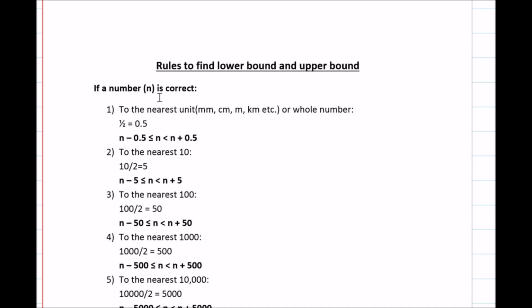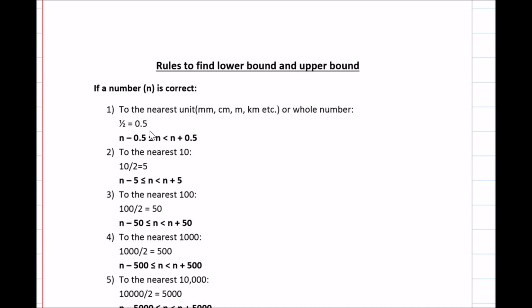If a number n is correct to the nearest unit, which can be a millimeter, centimeter, meter, kilometer, whatever unit, or a whole number, in that case we'll take 1 divided by 2. So 1 divided by 2 gives us 0.5.